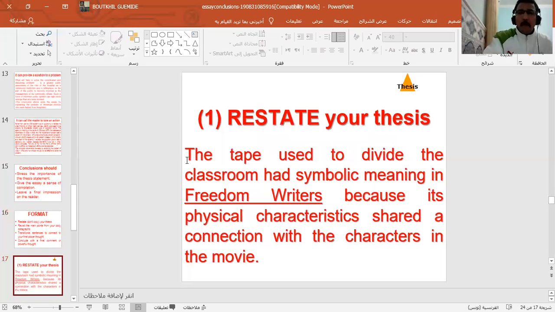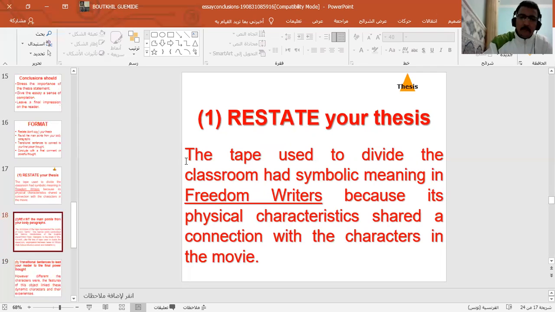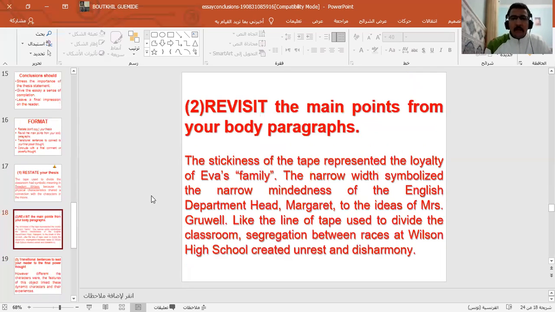This conclusion example started with restatement of the thesis statement. The tape used to divide the classroom had symbolic meaning in Freedom Writers because its physical characteristics shared a connection with the characters in the movie. Then the second section is not restatement, but summary of the main points of our body paragraphs.